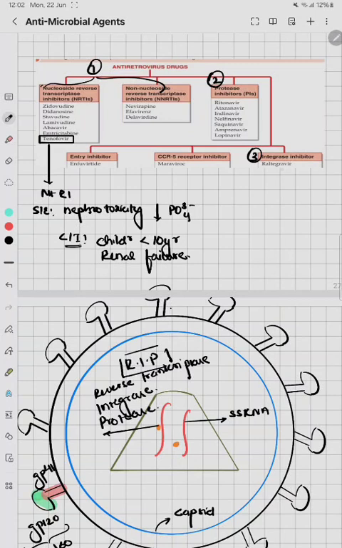The other drugs, raltegravir, we have dolutegravir here, or sorry, that is dolutegravir. Now the side effect is lipodystrophy syndrome.